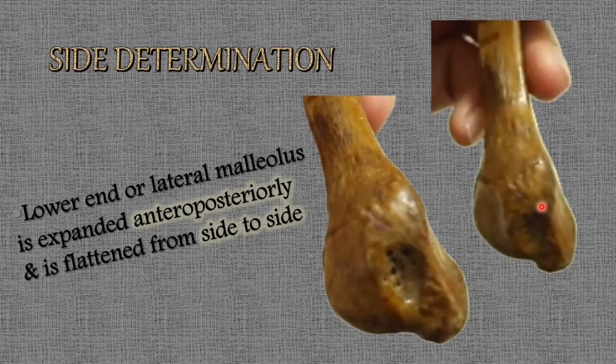That is important. The upper end is expanded in all directions, whereas the lower end is expanded anteroposteriorly, whereas from side to side it is flattened.